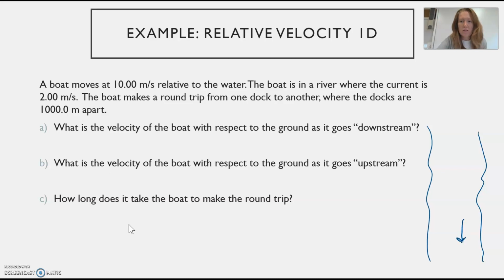This is going to be 2 meters per second, and this is going to be the velocity of the water, W, with respect to the ground, G. I'm going to make that negative because usually I have south as negative. So I'm going to say this is negative 2 meters per second.